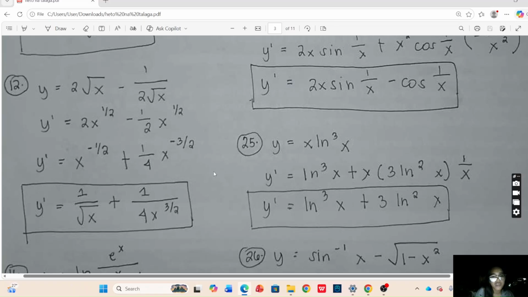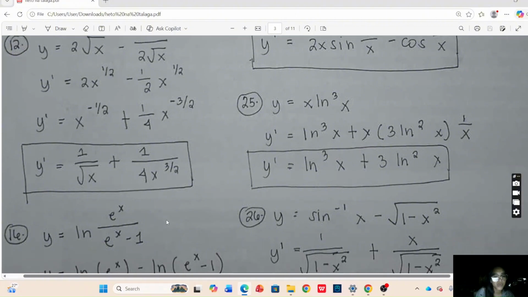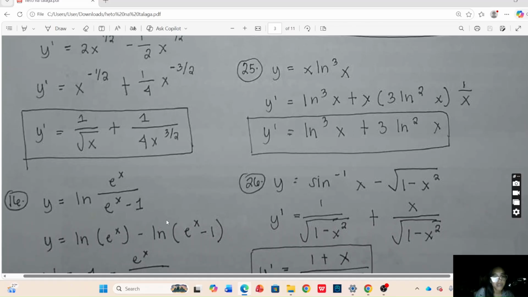We can differentiate each term using the power rule and simplify. The final derivative becomes y prime is equal to 1 over the square root of x plus 1 over 4x raised to 3/2.